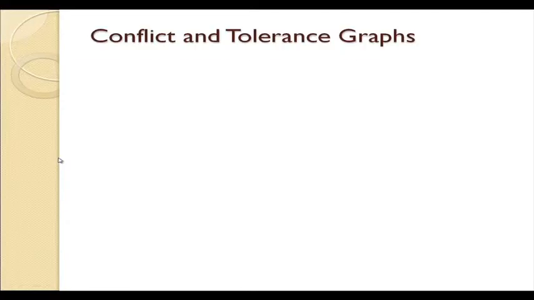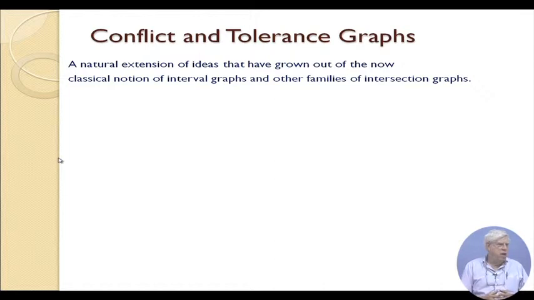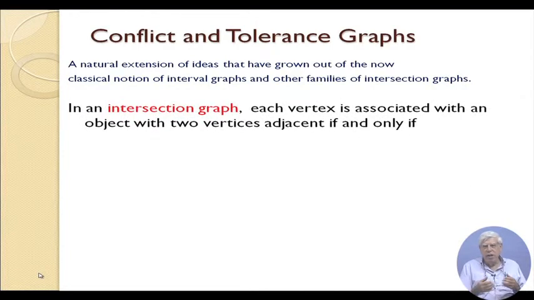So conflict and tolerance in graphs. What do I mean by that? It's a natural extension to ideas that we've seen in families of intersection graphs. In fact, intersection is the epitome of conflict. When you have objects that intersect, they conflict with each other.